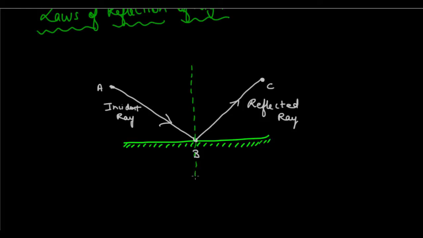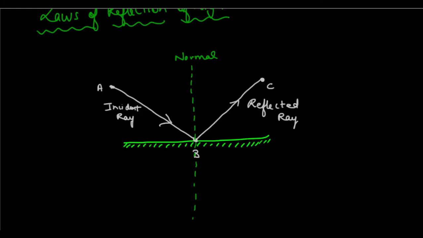This imaginary line, which is perpendicular to the surface of the mirror, we call the normal. So it is an imaginary line which is perpendicular to the mirror, and it passes through that point of reflection. This imaginary line is called the normal.